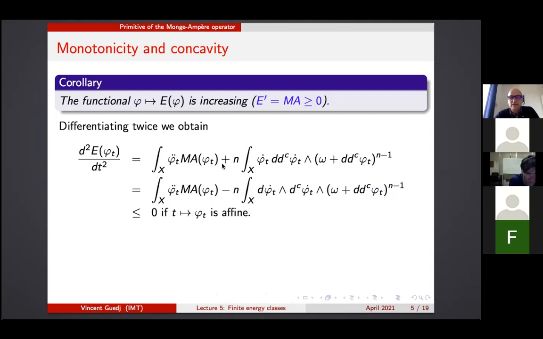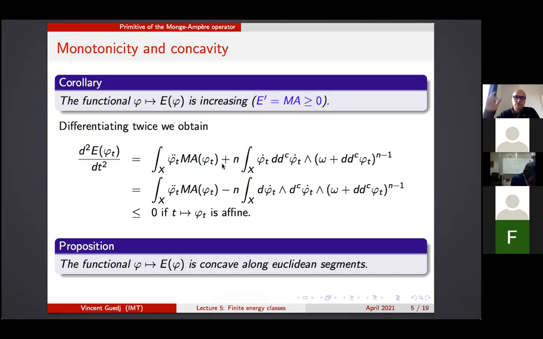So you see that it's an important piece of information for the sequel. The functional E is first increasing in phi, and then it is concave along Euclidean segments.